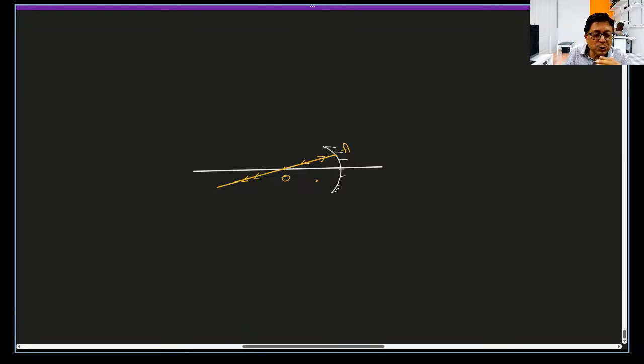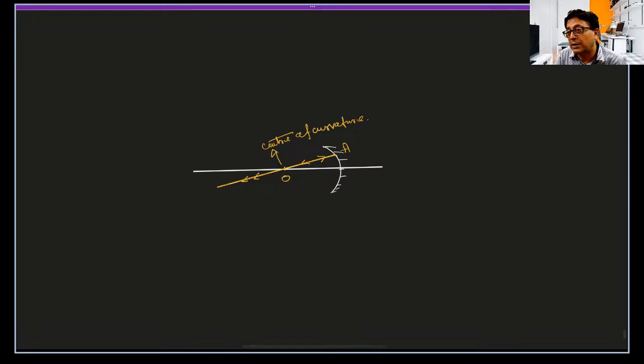So if you send a ray through the center of curvature, it has to pass undeviated. It will retrace its own path. Clear? Understood? See you again next week.